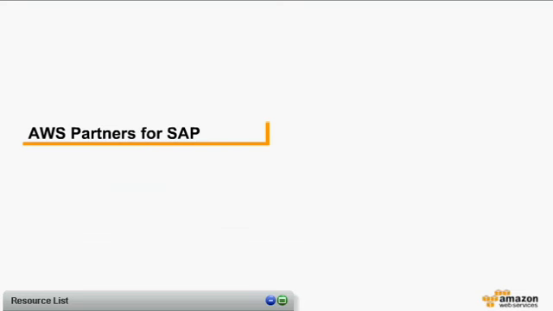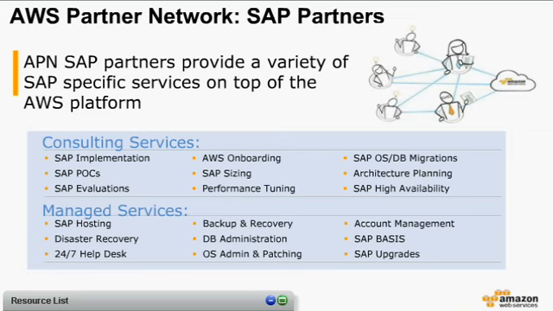Let's talk a little bit about where partners fit with AWS. Now, partners are very key to your success on AWS, and you can use them for a variety of services. Now, it may be that in-house you're fully staffed with your basis team, your functional teams, and they've got some experience already with AWS, and that's great. And you can do that. If you need some augmentation services, we have partners that can help with implementation services or doing POCs.